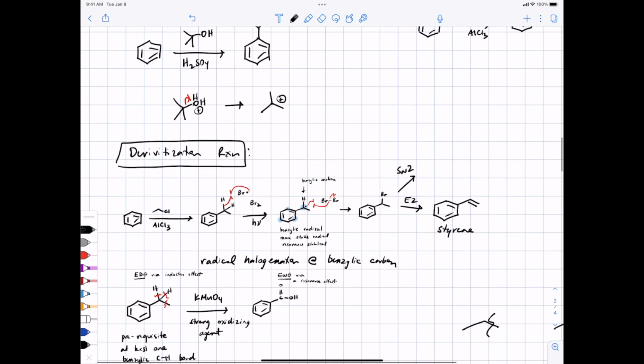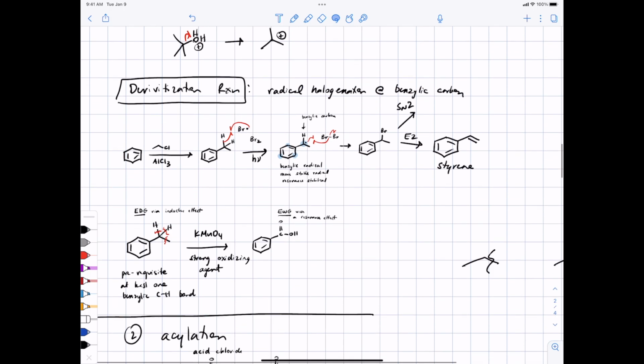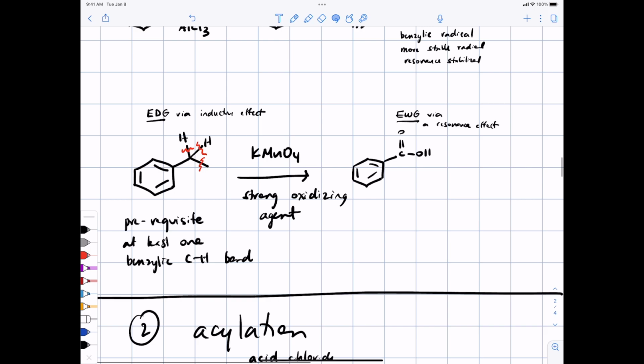We can derivatize the alkyl group either by radical halogenation at the benzylic carbon or sort of Thor's hammer oxidation of the benzylic carbon all the way up to the benzoic acid.